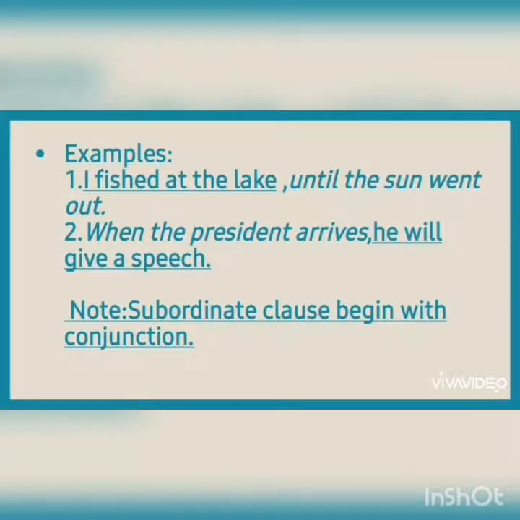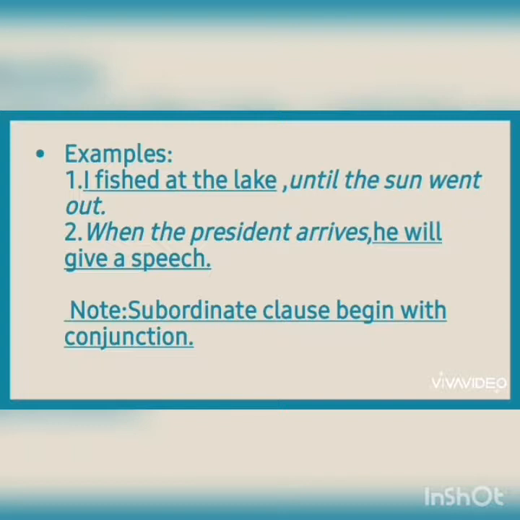Here are some examples. Number 1 is, I fished at the lake until the sun went out. Number 2, when the president arrives, he will give a speech. In the first sentence, I fished at the lake, and in the second sentence, he will give a speech, are main clauses because they make sense on their own.